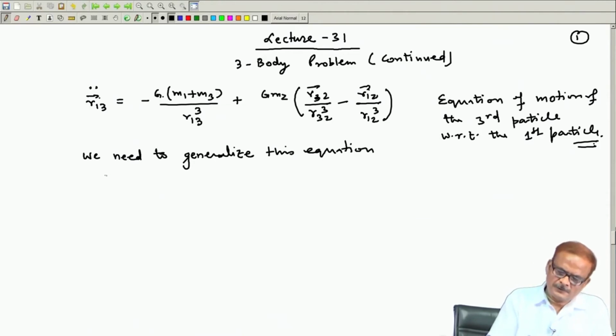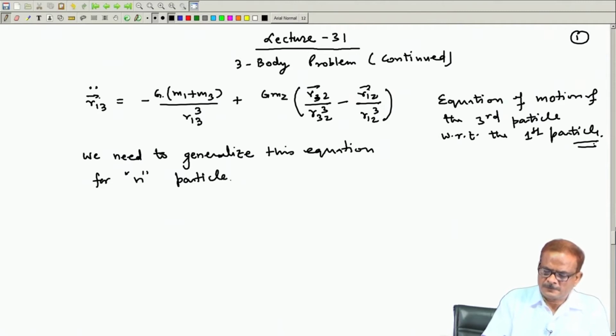Equation for n particles, or simply we can write this as an n particle system.